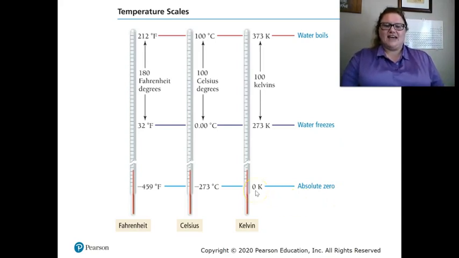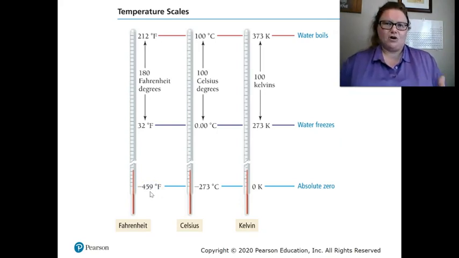So here's our 0 K. Celsius, that would read as negative 273. Fahrenheit, that would read as negative 459. And then we stay with water, because water is just a really good example of what we can compare to each other. We all know how water behaves. So water is going to freeze at 273 degrees Kelvin. You might be saying to yourself, well, 273 is kind of a high number, right?